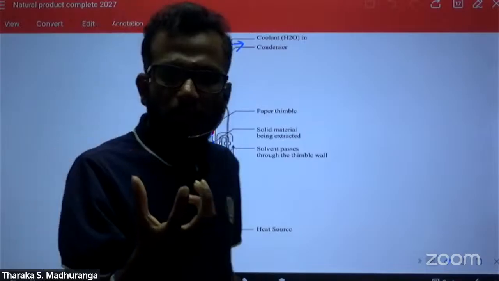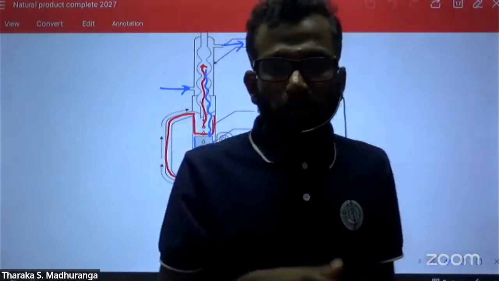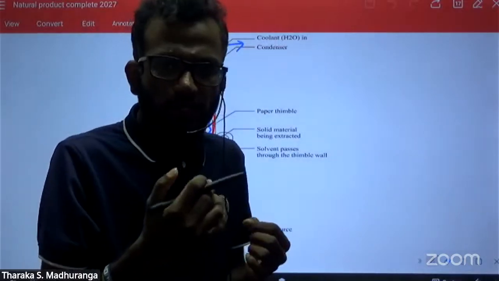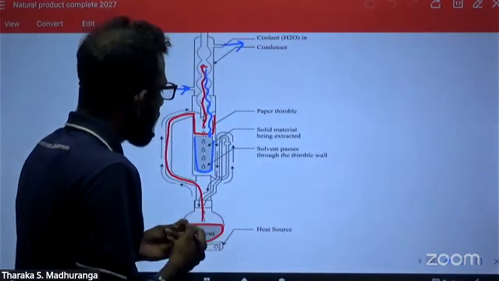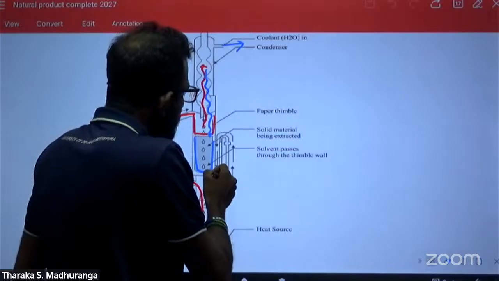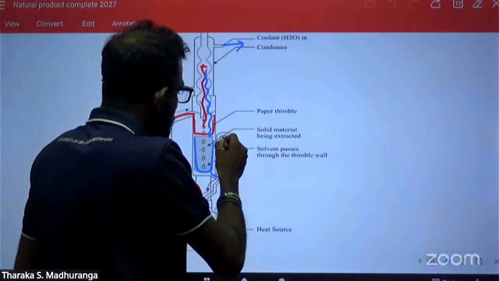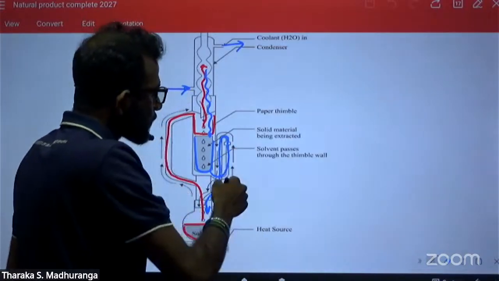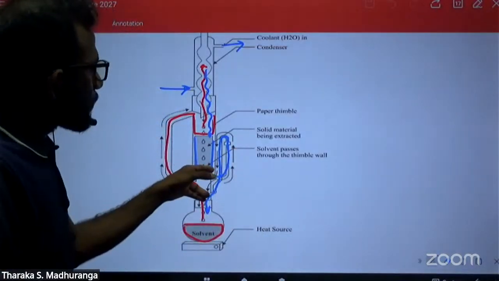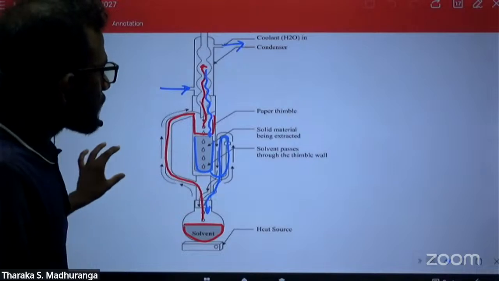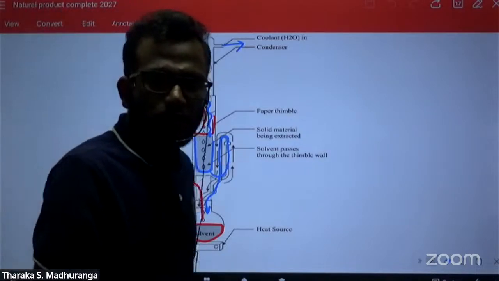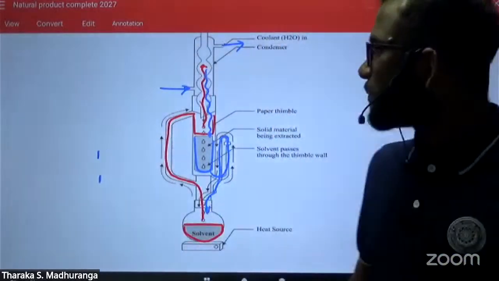Plant material is available in a paper cup. That's a paper cup. Now you can see in the practical, that's a paper cup. And that we call the siphon tube.